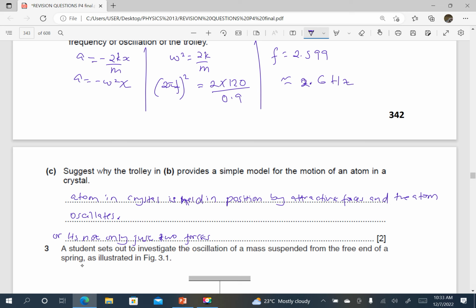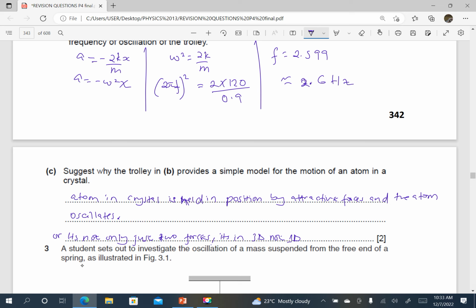It's not just two forces. It's in 3 dimensions, not one dimension as we have seen.